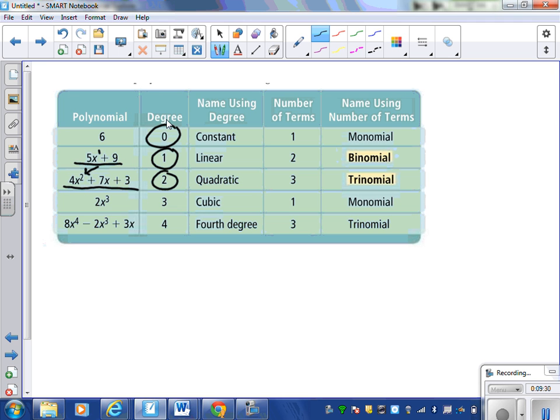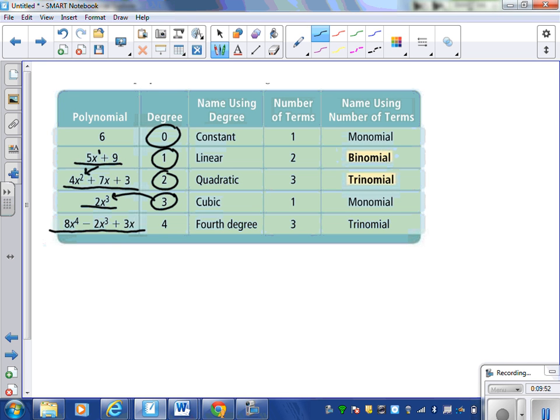Looking at the next example, 2x to the third power, your degree is 3 because that is the exponent on the x in that problem. Then the last problem, 8x to the fourth power minus 2x cubed plus 3x.